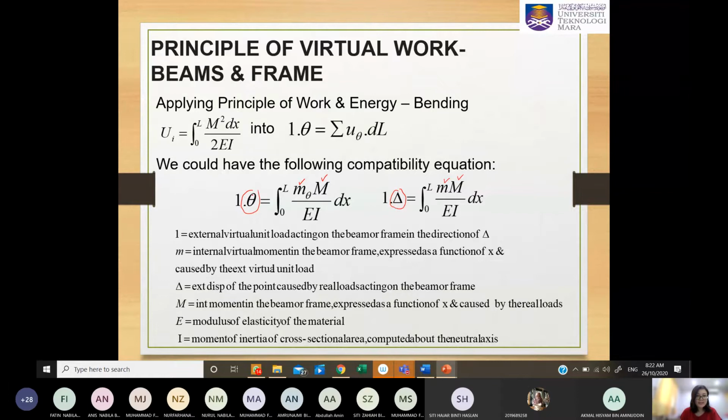This theta is a rotational displacement or deformation, so this delta is a translation. The unit for theta will be in radian. The unit for delta can be in mm or meter; I will just put mm here, and you can convert into meter. This is SI units, which are used worldwide.